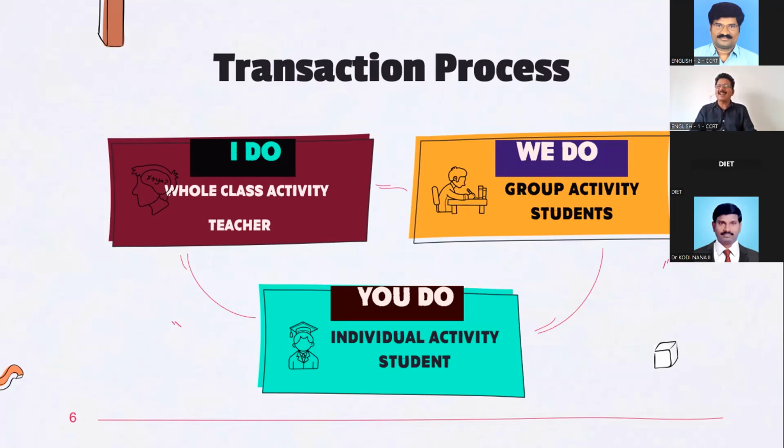The second step is we do, where children will take an active part and we will be giving a number of activities to the students, and they will follow whatever we have done in the I do activity. And the final one is the production. After this video activity, we'll give again some activity like a picture or anything, and then the child will do it individually.